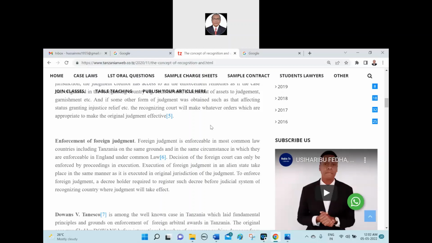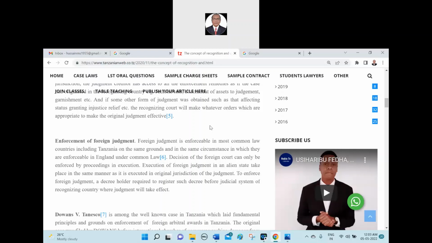England, India. Those which were ruled by English law, those countries which England conquered and ruled, all come under the common law countries. That is the definition we can say.